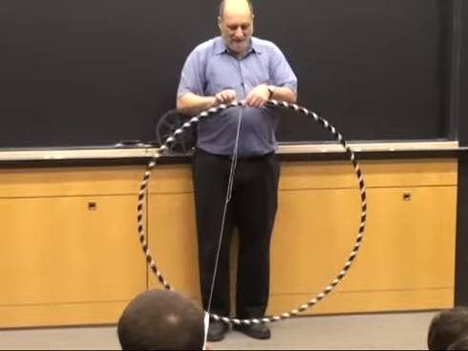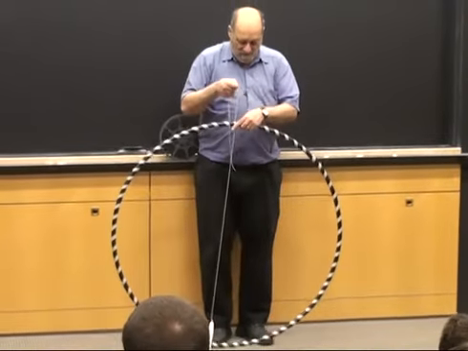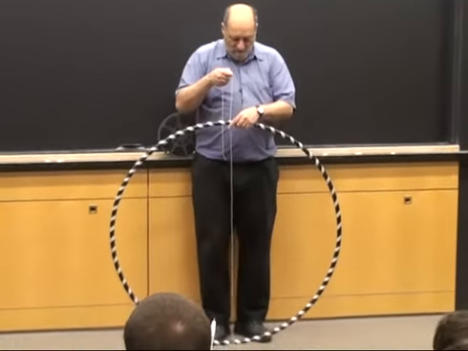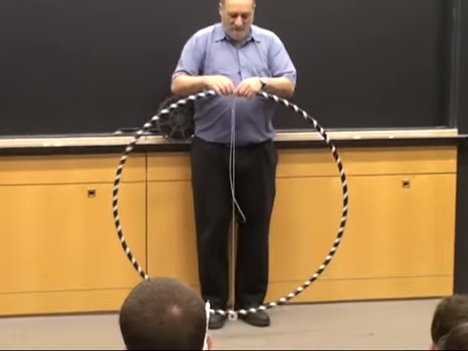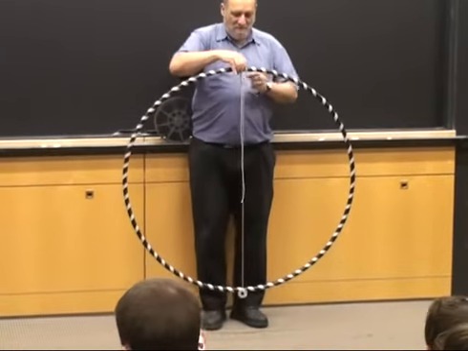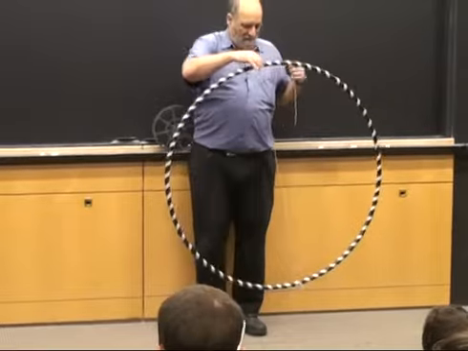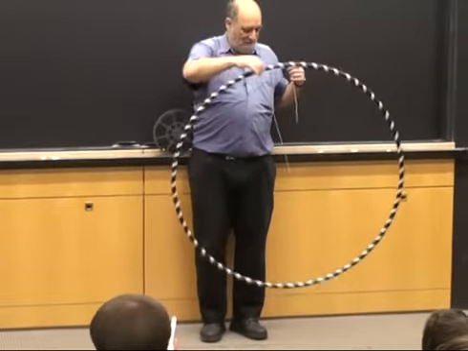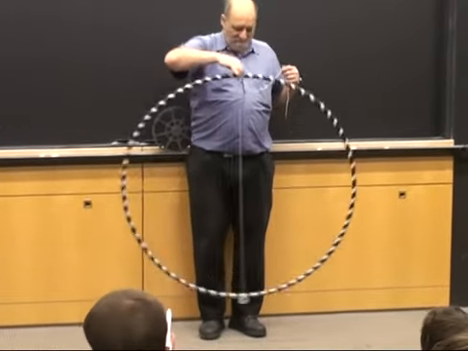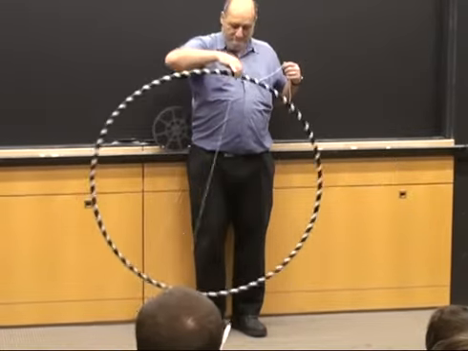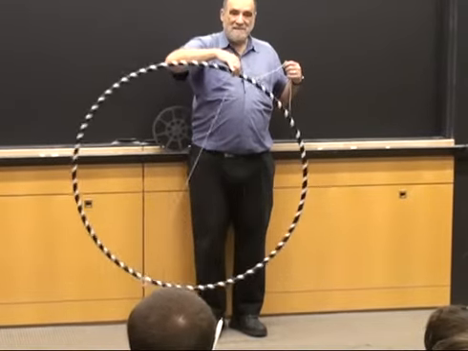But if I get it just right, and I excite it by moving the support point, they both have the same equations of motion, so they move together. Any questions about this?